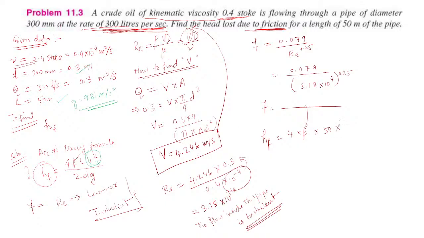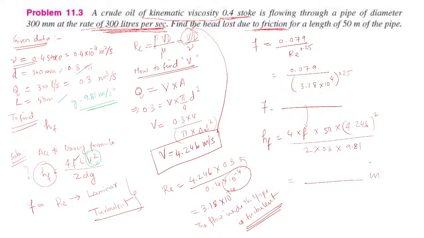Now V you just obtained over here, 4.246 whole square divided by 2 into D, that is D is also given in the problem, 0.3, and G, that is 9.81, right? When you solve this problem, you get the answer in meters. Make sure all the units are in the same system, that is SI units, either in meters.